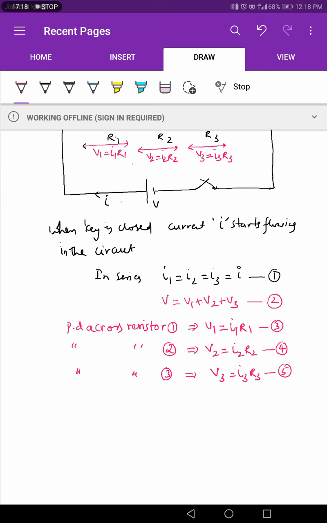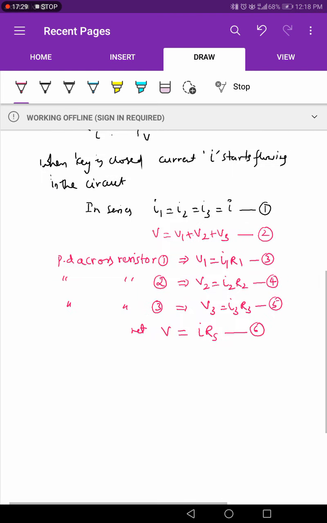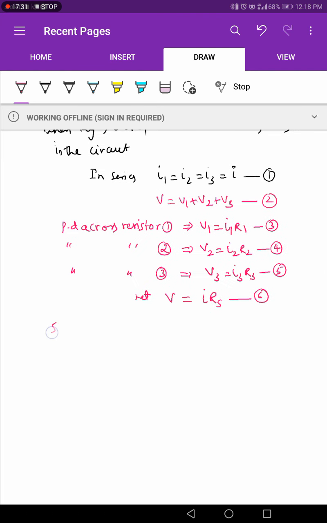Next, net V is equal to I RS, where RS is nothing but the effective resistance in series. Now substitute equations number 3, 4, 5 and 6 in 2.